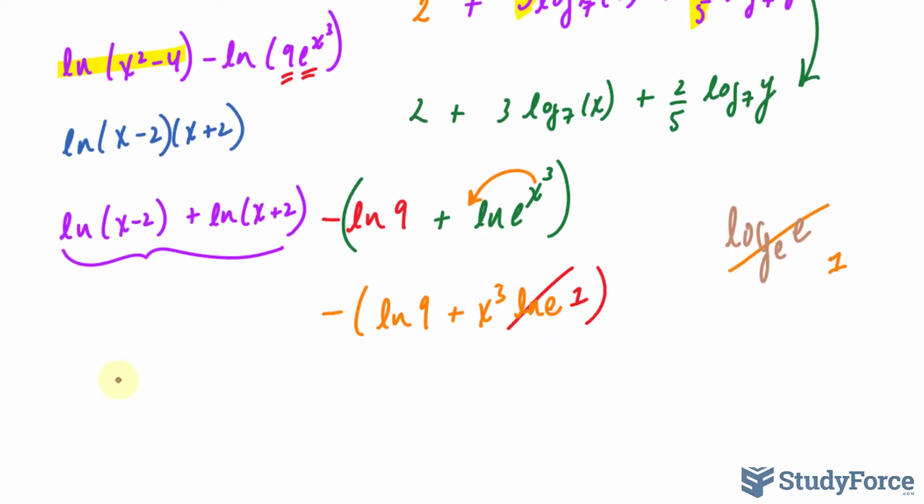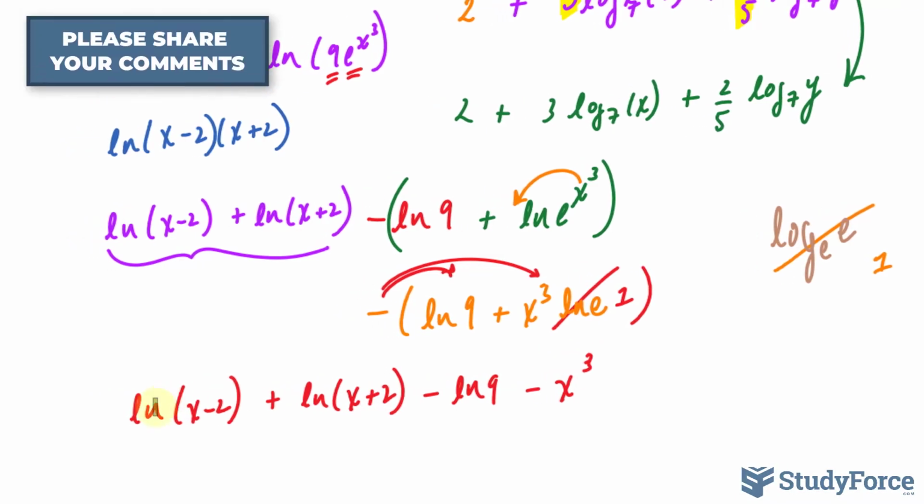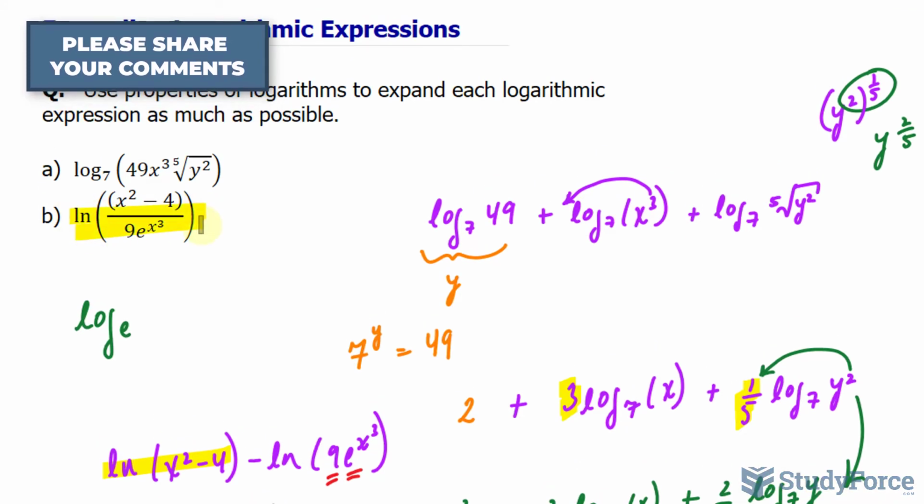So our expression is ln x minus 2 plus ln x plus 2, distributing this negative to both terms on the inside, minus ln 9 minus x to the power of 3. So what you see right here is the most expanded that original expression will go.